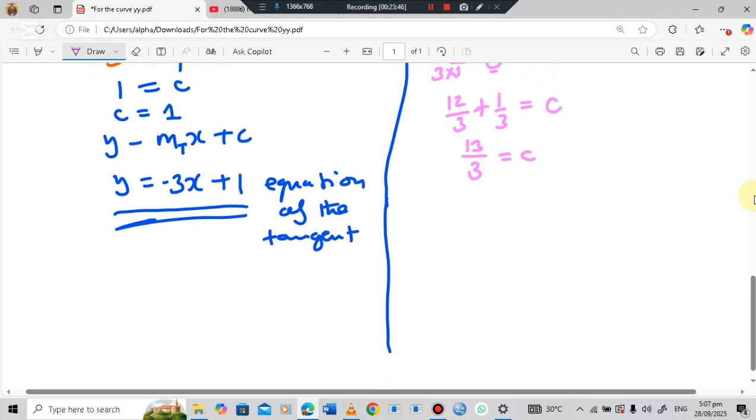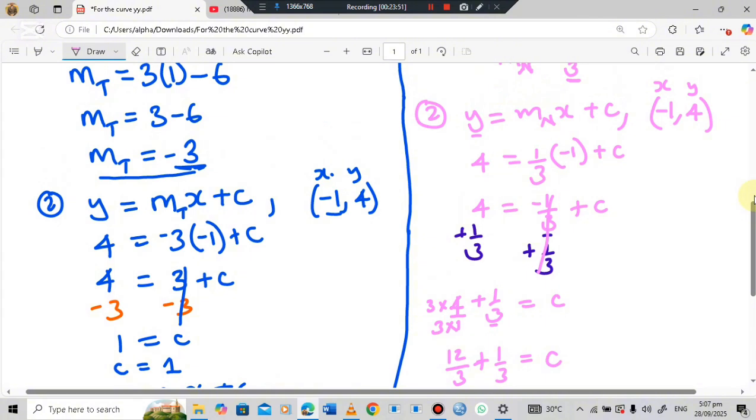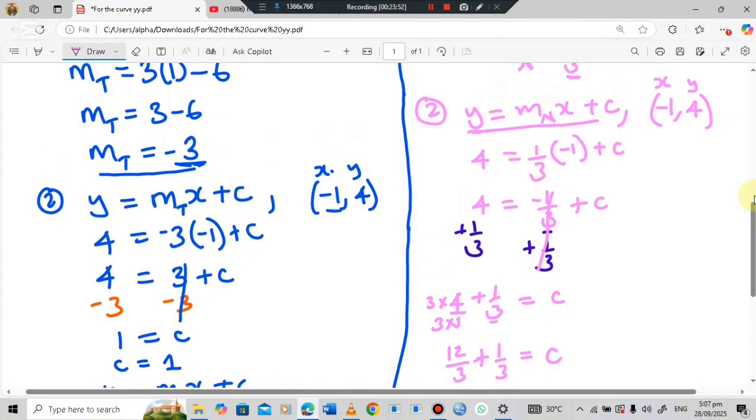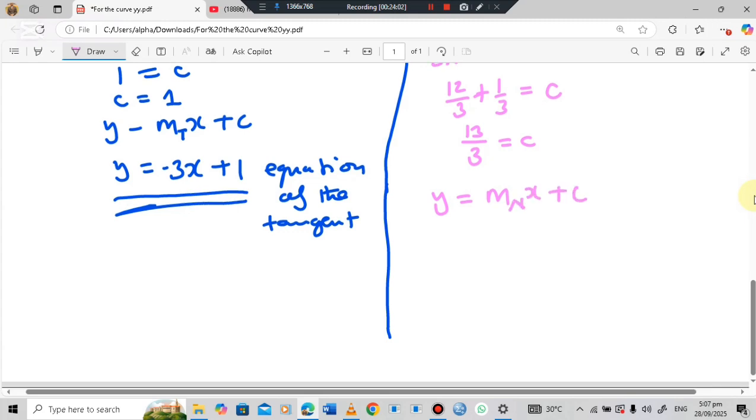So we come back to the equation here, which is y is equal to mn x plus c. So we are replacing the value of the gradient and the value of c, which we found. All right. So y is equal to the gradient.